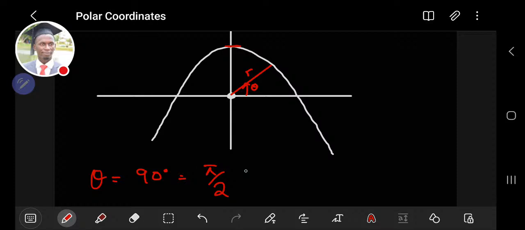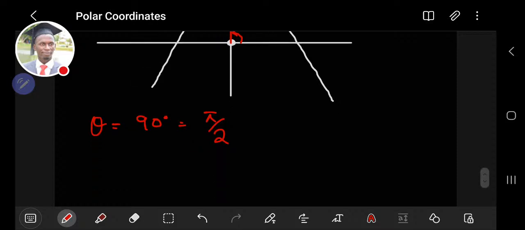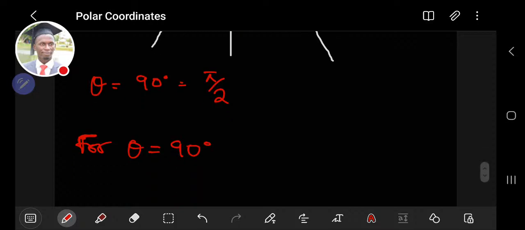Why are you focusing on that? Because you want to find what the radius is going to be when the angle here gets to 90 degrees. The value of r will actually be what the vertex at the top is going to be. So with that in mind, I want to know what r is going to be when theta is 90 degrees. So we can say for theta equal to pi/2 or 90 degrees, what will be our r?